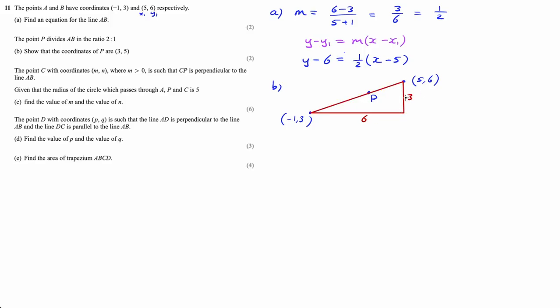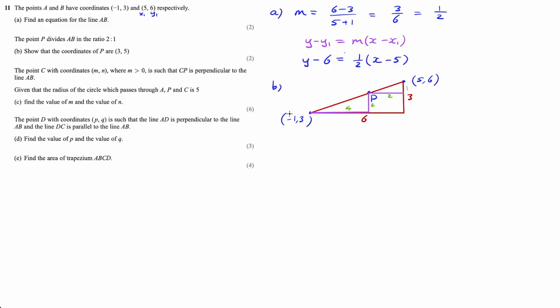Now, guys, if it's in the ratio 2:1, a diagram here would actually work, but I'll show you the more technical way to do it. So this is from here to here and here to here. So I divide the 6 in the ratio 2:1, and I divide the 3 in the ratio 2:1. So that would mean this is 4 to 2, and then this would be 2 to 1, like that.